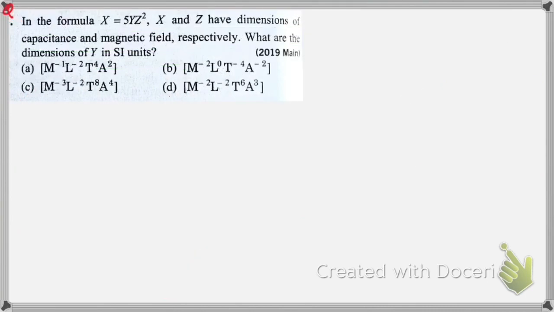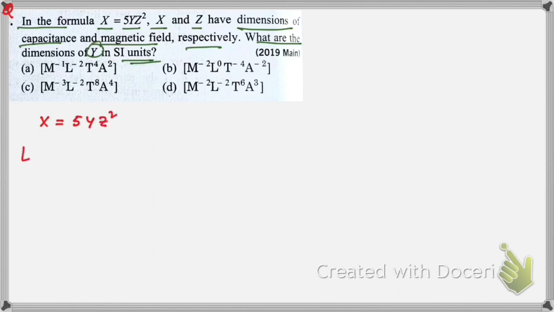In the next question, you see the formula x is equal to 5 y z square, where x and z have the dimensions of capacitance and magnetic field respectively. What are the dimensions of y in SI units? So here you see, the given expression is x equals 5 y z square.